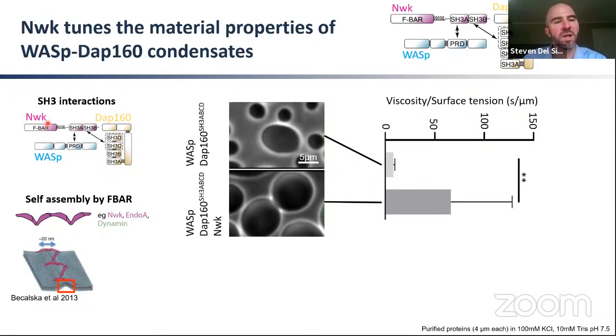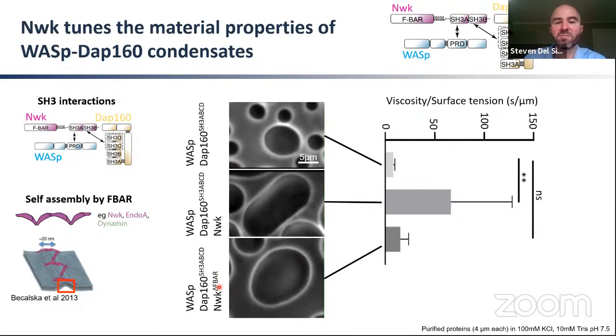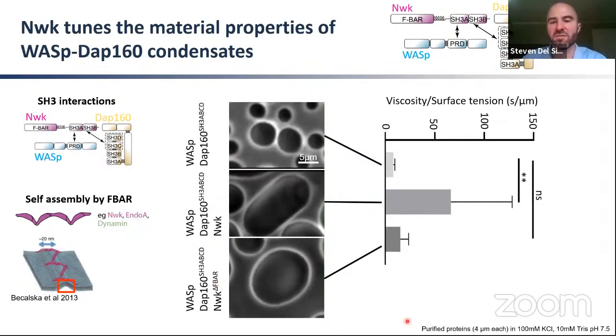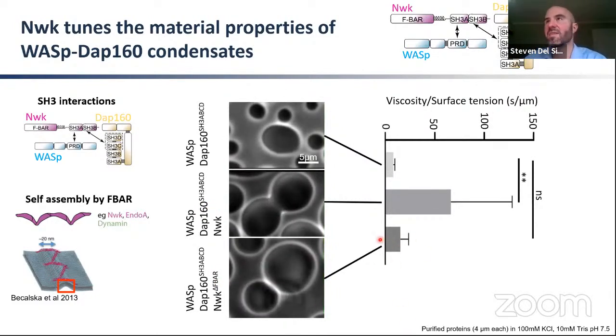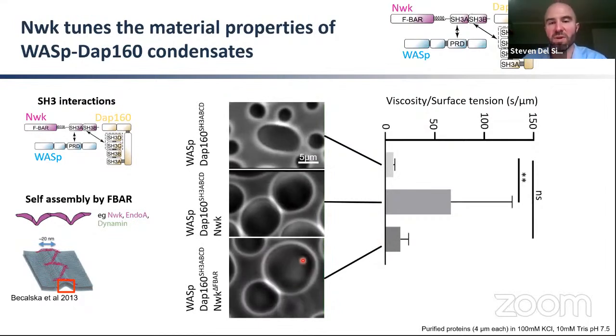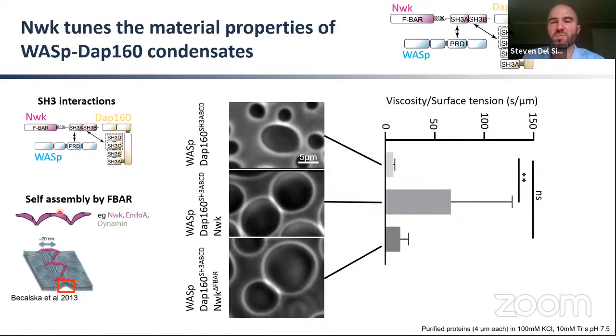To determine which of these protein interactions might be contributing to this effect, I added a variant of Nervous Wreck that's missing its BAR domain. So it can still interact with DAP160 and WASp, but it can no longer oligomerize itself. And this variant doesn't have this effect. It no longer makes these droplets more viscous, suggesting that this oligomerization might be important in controlling these physical properties.